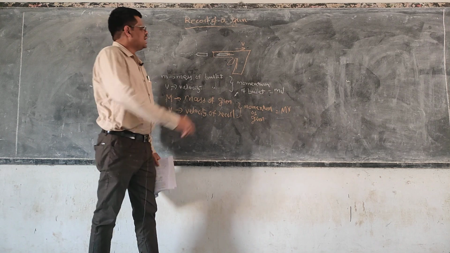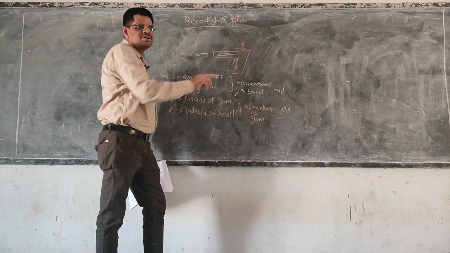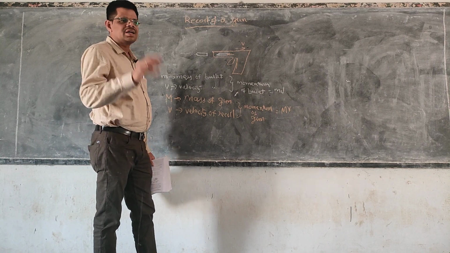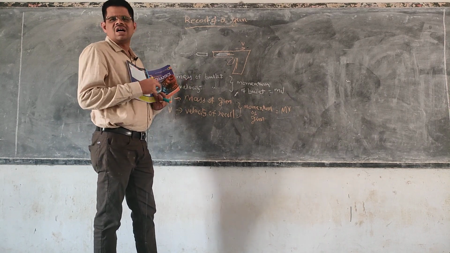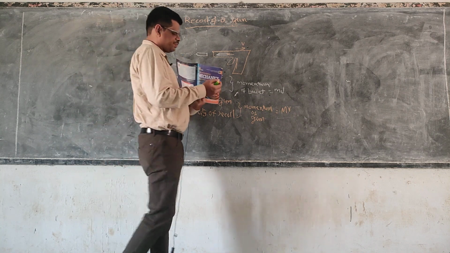Now, for the equilibrium of the gun, the momentum of the bullet must be equal to the momentum of the gun. So this is nothing but the law of conservation of momentum, which we learned in the previous class.